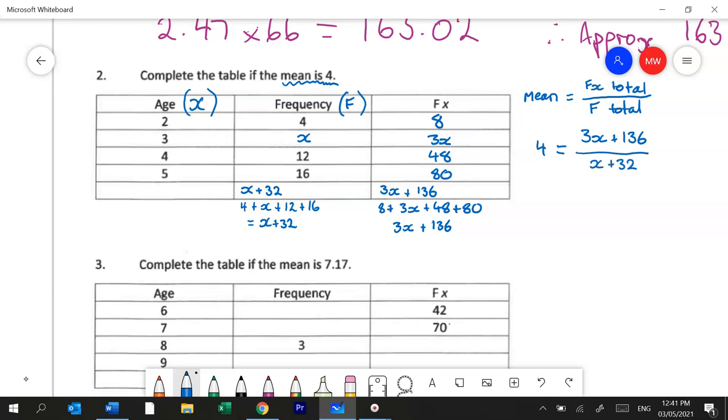And now I'm just going to switch myself over into algebra, ignore that it's a statistic question, and just use the balance method to solve for X. So I'll pop that in brackets for a minute so it doesn't fall apart, and I'm going to multiply both sides by X plus 32.